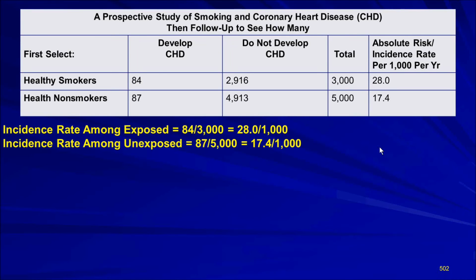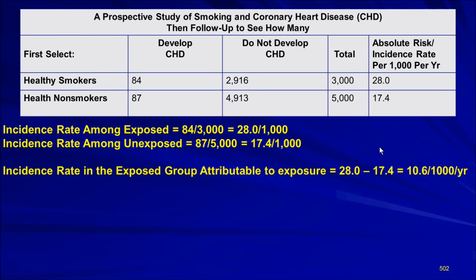Now I want to talk about attributable risks, the amount of risk attributable to engaging in the behavior. Okay, so we have incidence rate or absolute risk in the exposed group that's attributable to the exposure or smoking. So the additional risks that you take, or anyone in your family takes, or your friends take when they smoke, according to this data, is 10.6 per thousand per year.